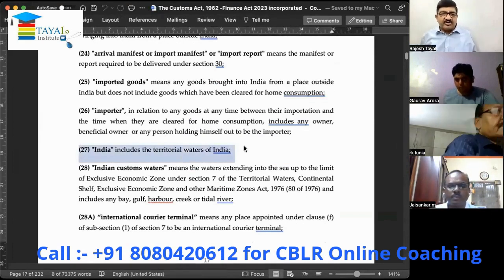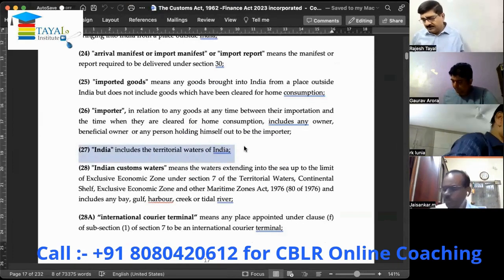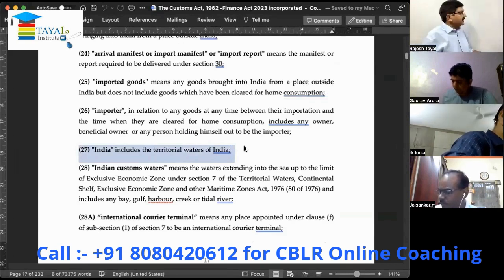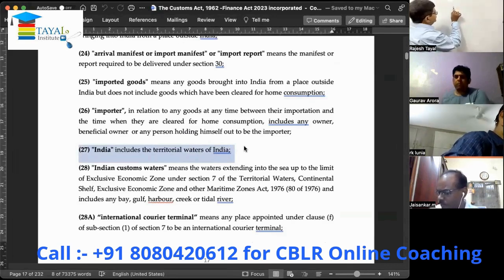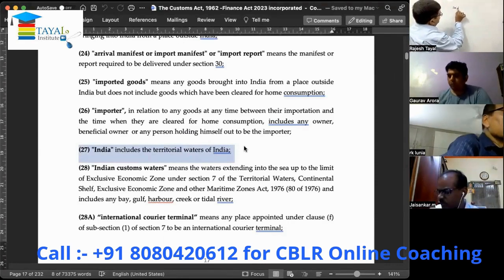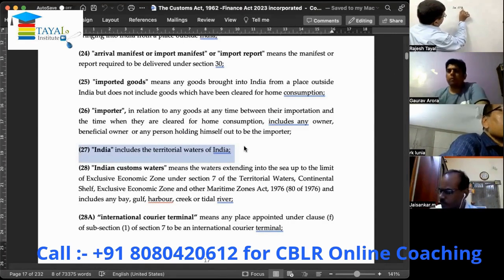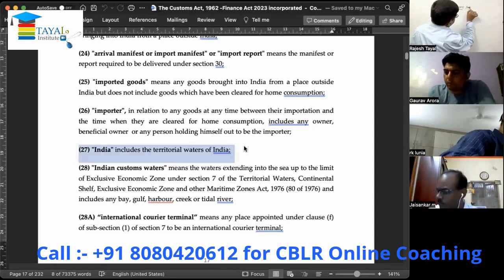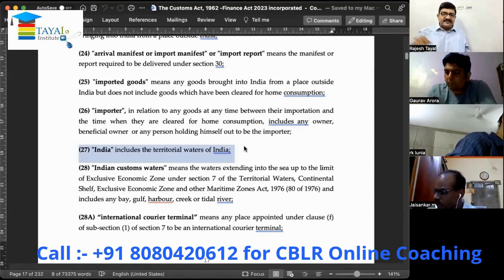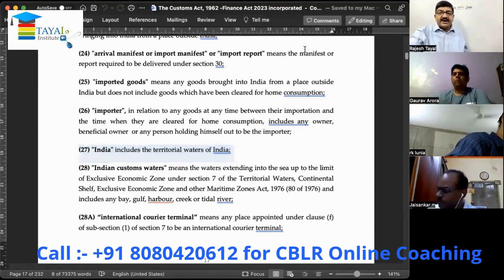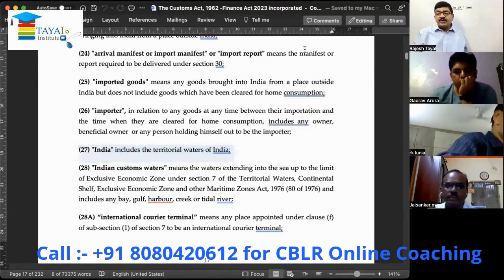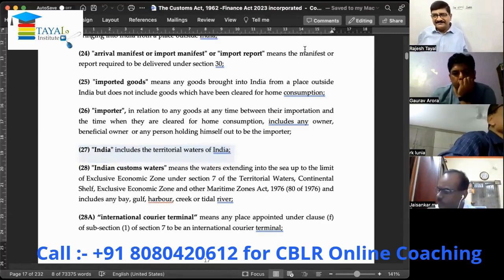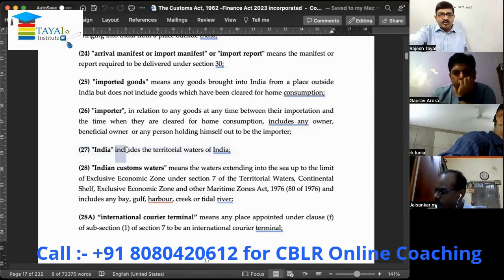Section 2, subsection 27. The word India. What does the definition say? India includes territorial waters of India. What is it saying? India includes.